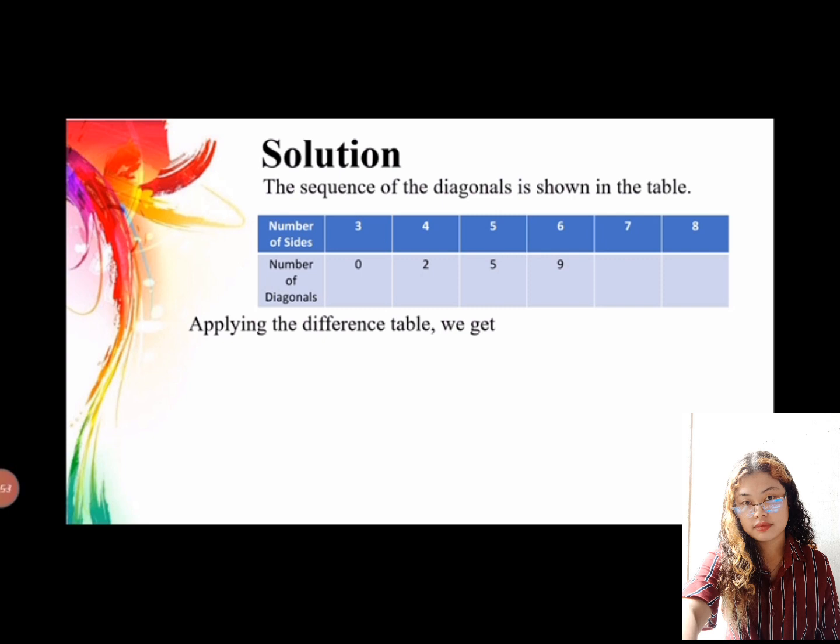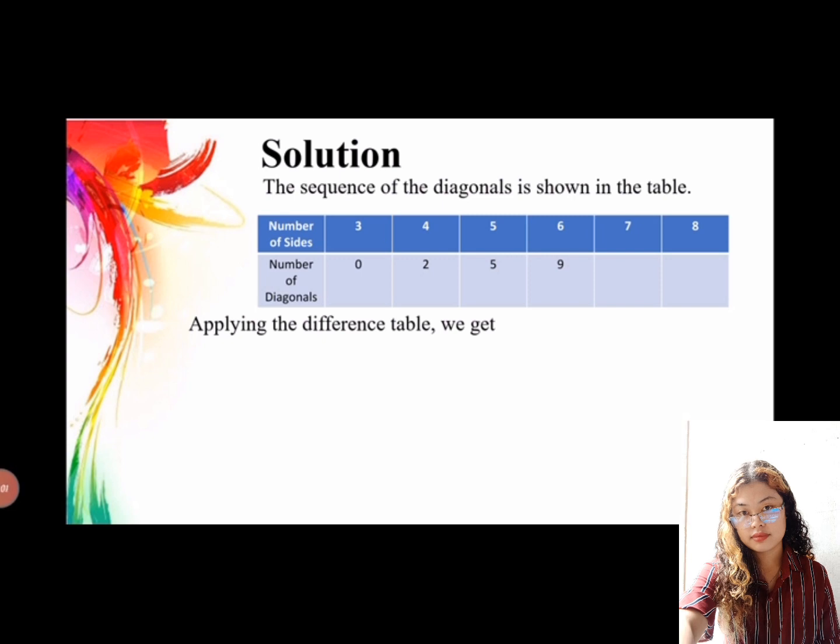We have 0 for the triangle, since triangles have no diagonals. We have 2 for the quadrilateral, 5 for the pentagon, and 9 for the hexagon. Then we have 2 blanks for the heptagon and octagon, since we still need to determine the number of diagonals of those polygons.